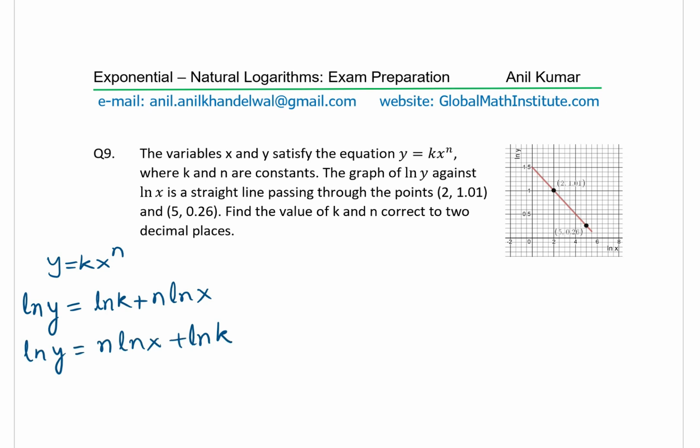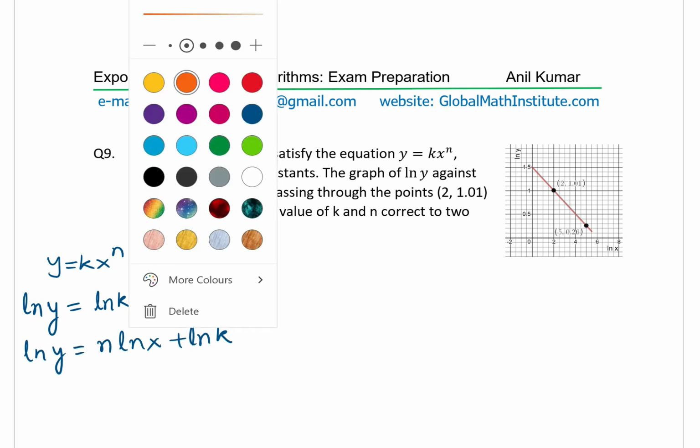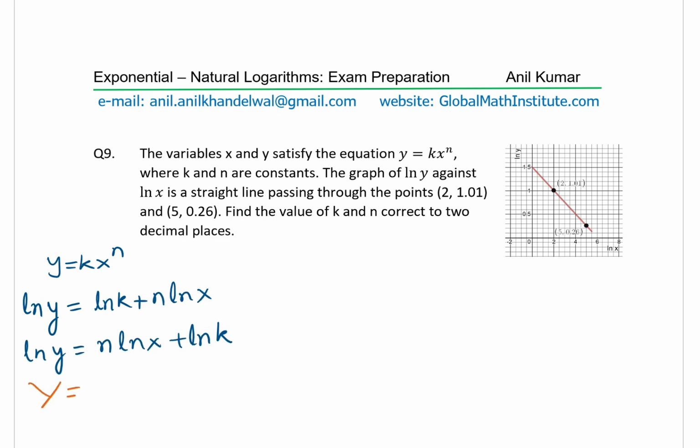Now that is a line equation. You could always write this as y equals m times x plus c. So from here, you can find n as a slope, right? So clearly, what you could say here is that n is the slope, like y equals mx plus c, right?